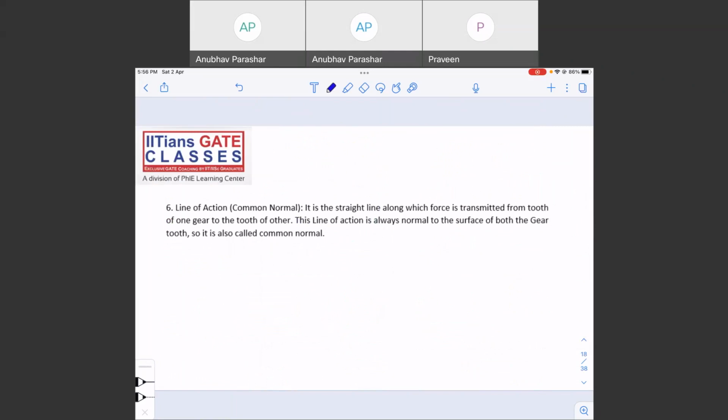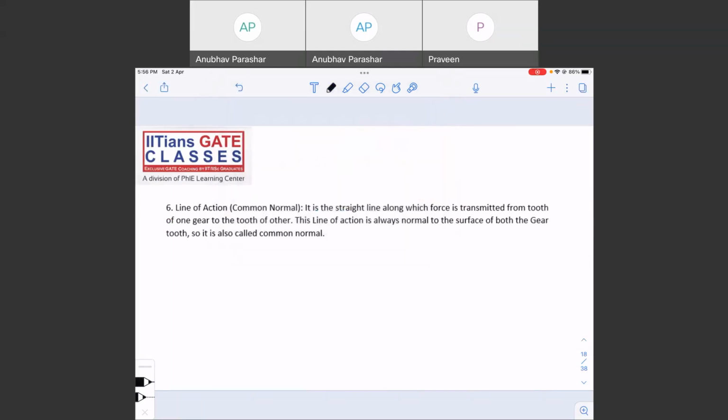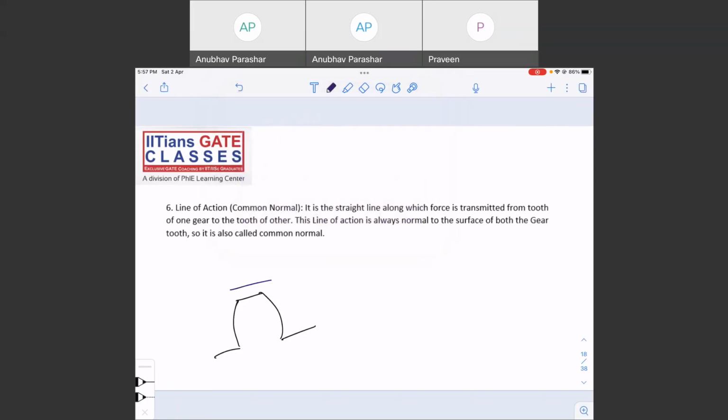Now let us understand some of the important terms associated with gears. When gears transfer power, let me say this is one of the gears, and then you have another gear.